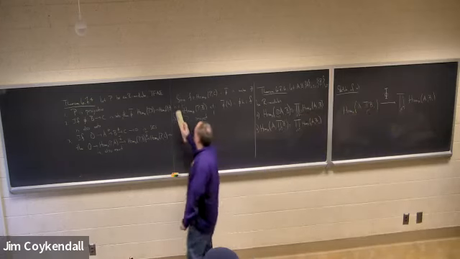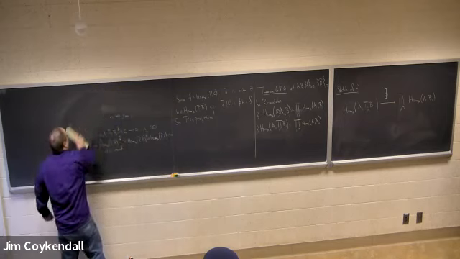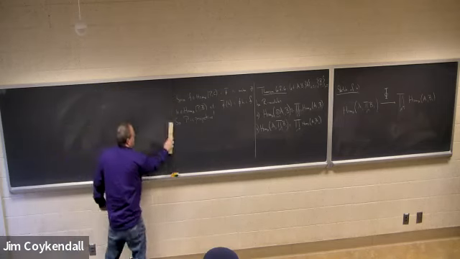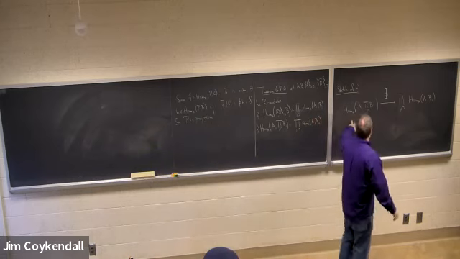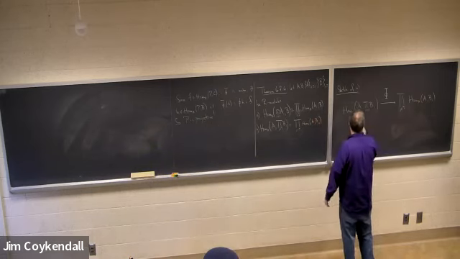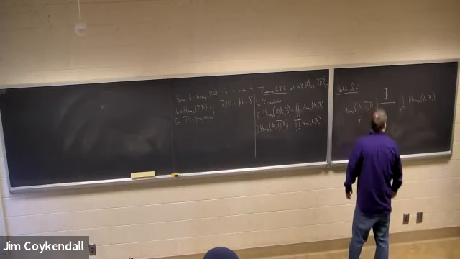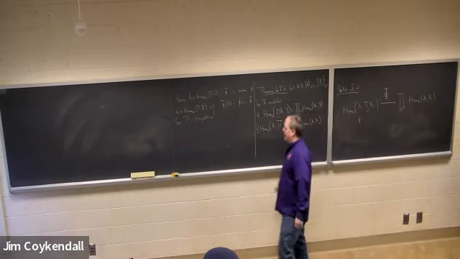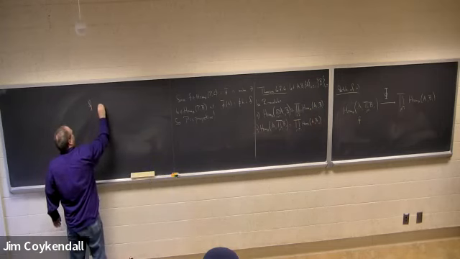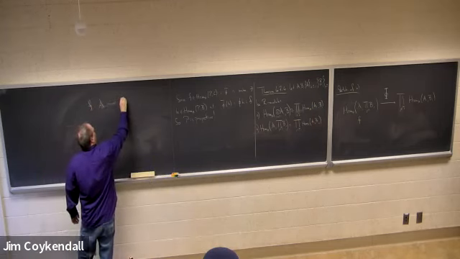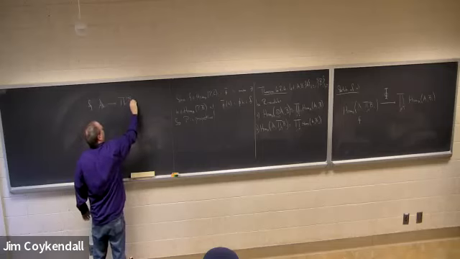So my input is going to be some f, where f goes from A to the direct product of B_j.